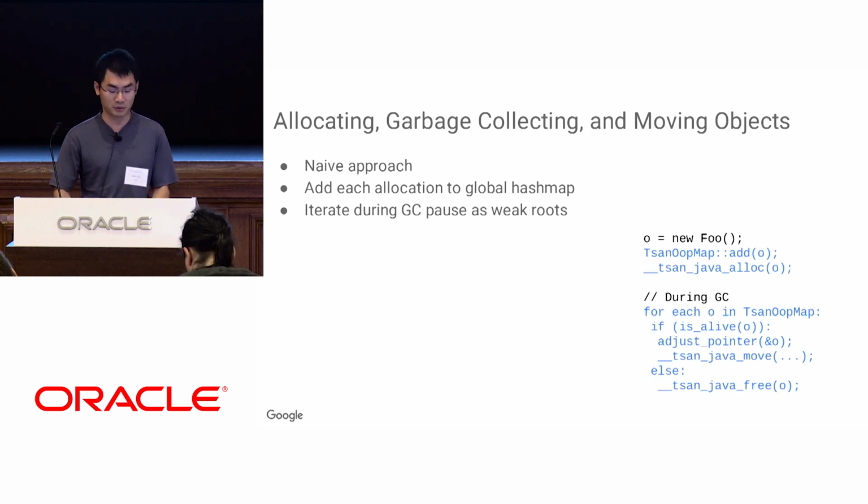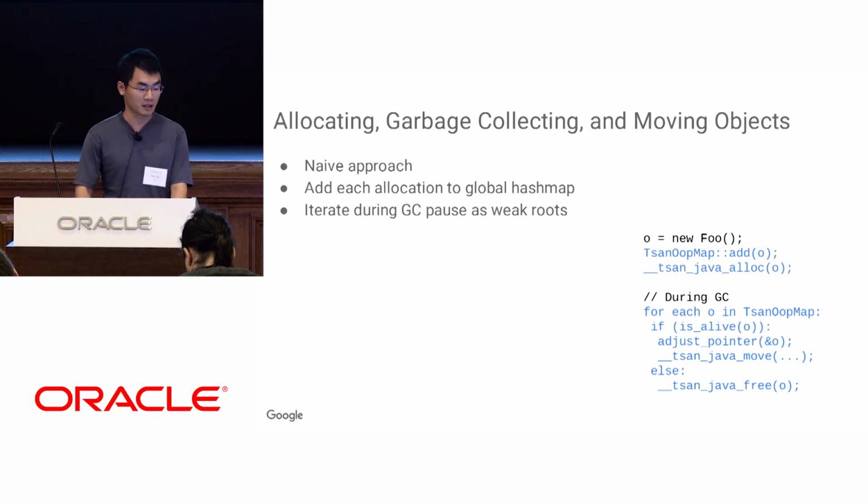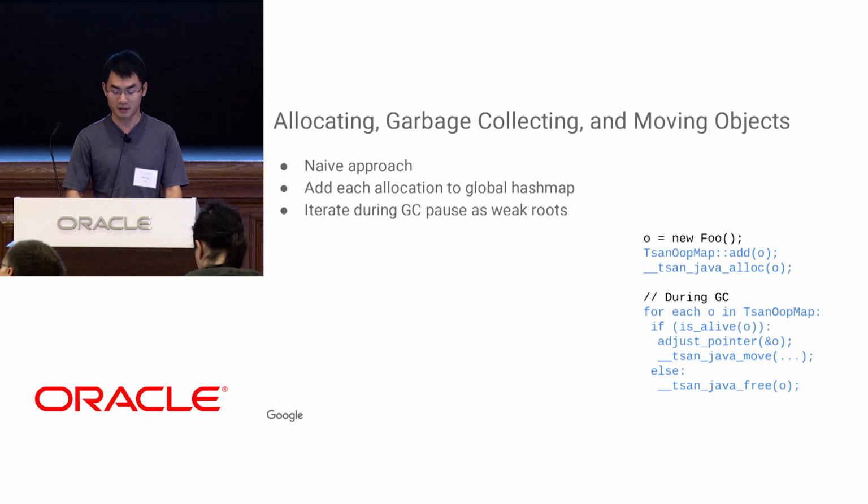This is pseudocode of how it works. After the allocation, you add the pointer to the global hash map, then you notify the TSan runtime about the allocation. During a GC, it iterates over each entry in the hash map, and if the object is alive, you call the pointer closure, which could move the object. Then you notify TSan about the movement of the object. If the object is not alive, you notify Java TSan that it has freed the object.